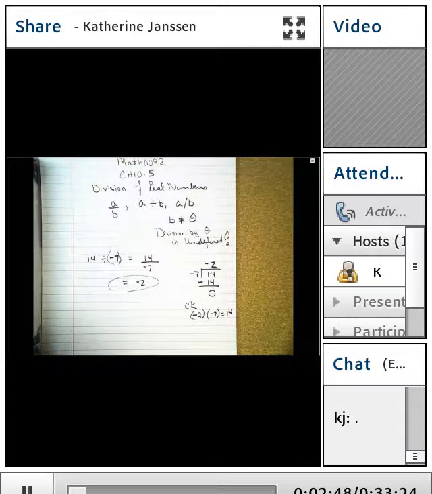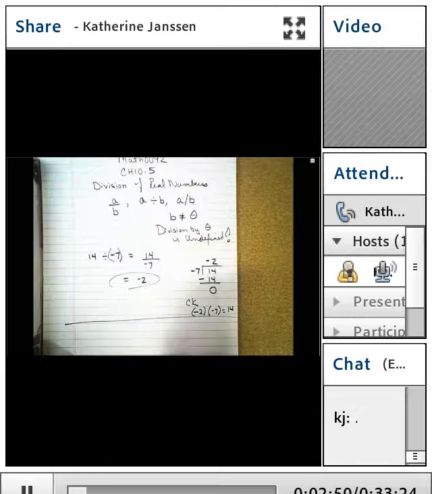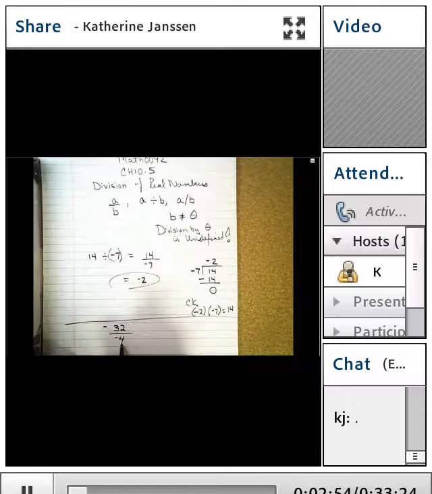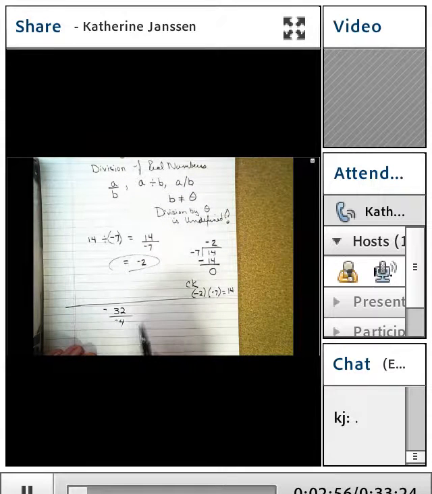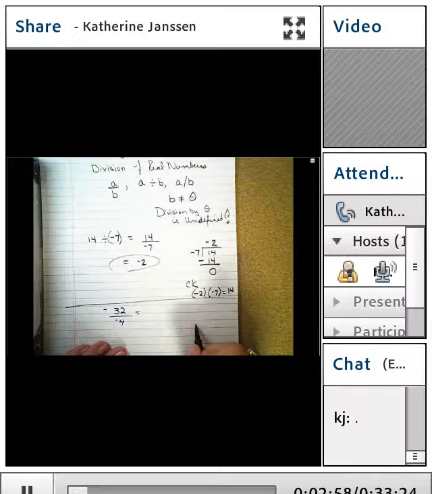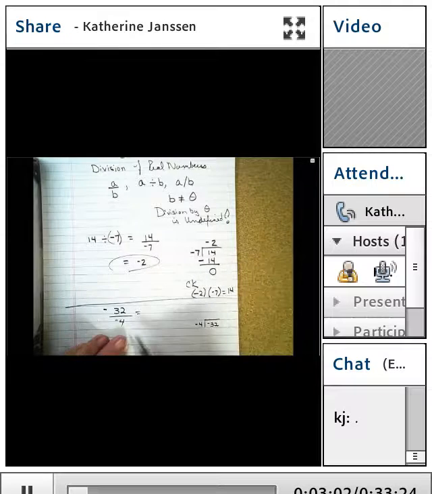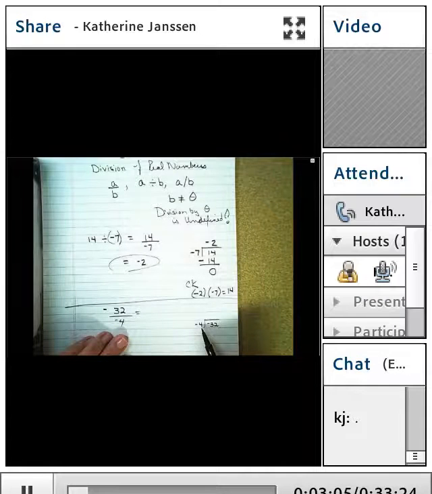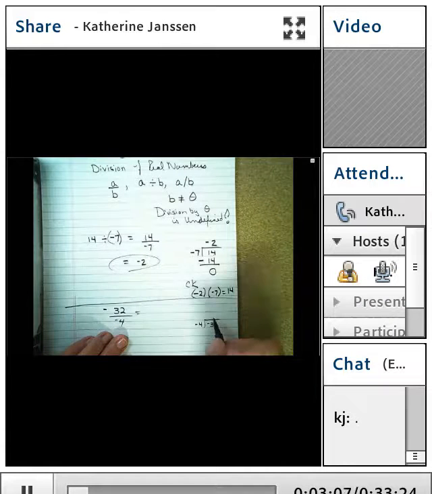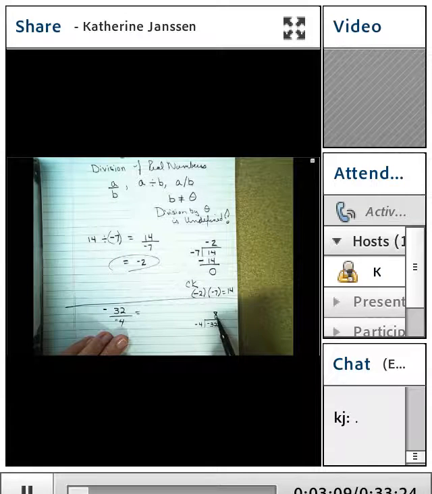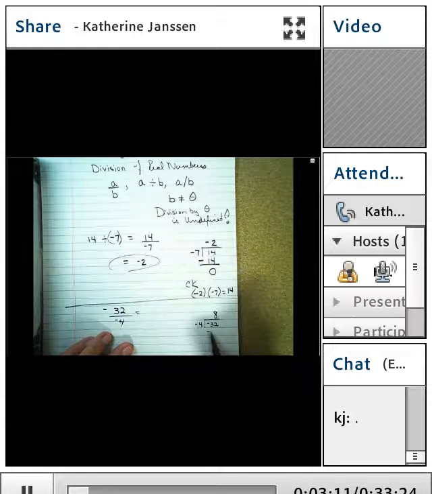So a -32 divided by a -4. Looks like a -4 goes into a -32. So a -4 times what would give us a -32? 8 times a -4 would be a -32, and then we draw our line and subtract.